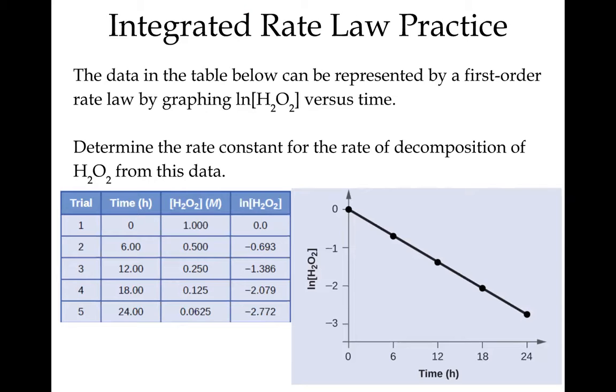So really all you have to do is pick a couple data points from these trials as your change, going from one trial to another, subtracting them, and then taking the respective times, subtracting those, and seeing what you come up with.